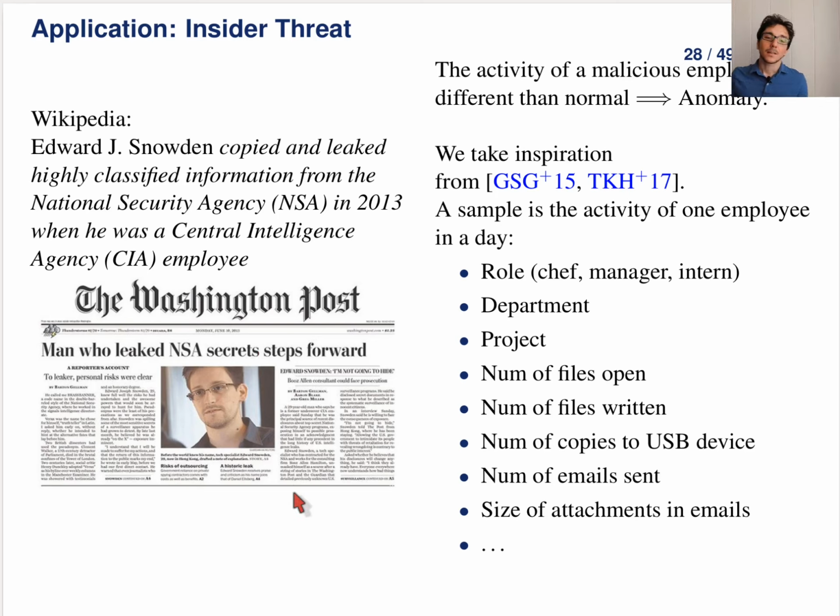So, if such a system was working in the National Security Agency, maybe Snowden wouldn't have been successful in leaking all this very secret information about the military activities of the US. Okay? I let you choose if this would have been a good thing to avoid these leaks of information or not. This is more a political matter.